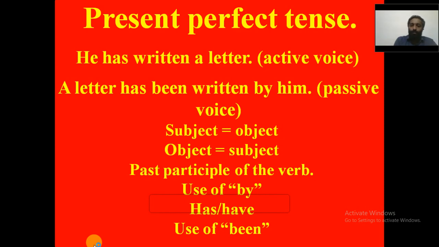Use of by, has or have, because it is in perfect tense. We are using has because a letter is a singular subject. If it were to be letters, it should have been have been. Then the one additional word that comes here is been, B-E-E-N. A letter has been written by him.